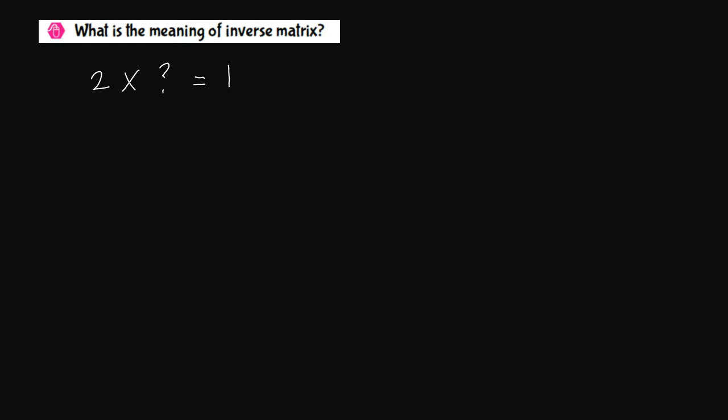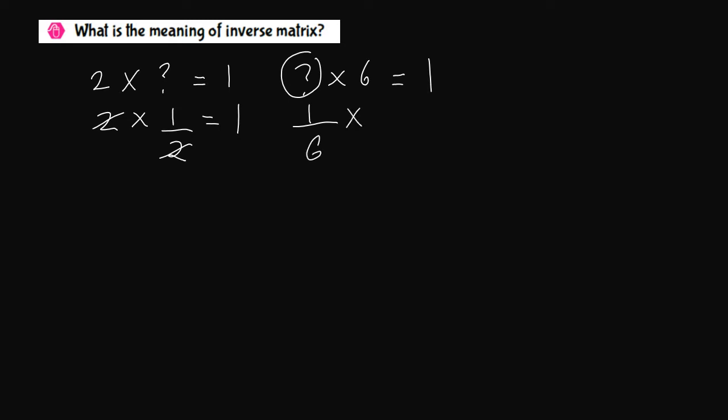Of course, 2 times 1 over 2, so that you can cancel and you'll get 1, right? So what times 6 equals 1? Once again, 1 over 6 times 6, you'll get 1.